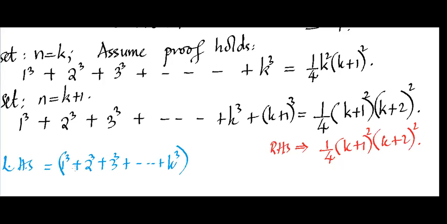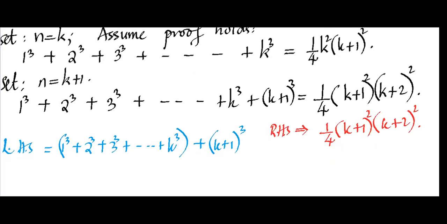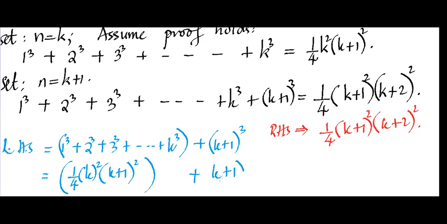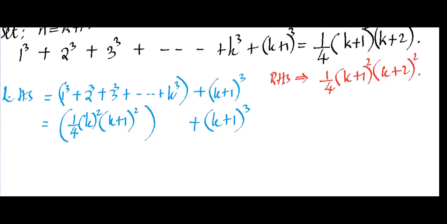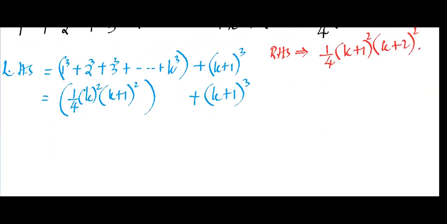We know it's the sum, but we are moving to k plus 1. The known sum is a quarter into k squared into k plus 1 squared, to which we are adding a k plus 1 cubed. That's the left-hand side, which we must match with the right.